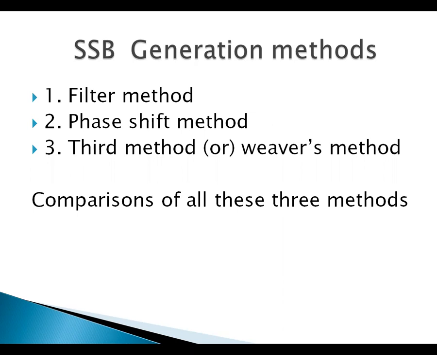First is the filter method. Second is the phase shift method. Third is the reverse method, also called the third method of generation. So today you have to compare all these three methods, and if possible, go for the detection techniques also for the single sideband.